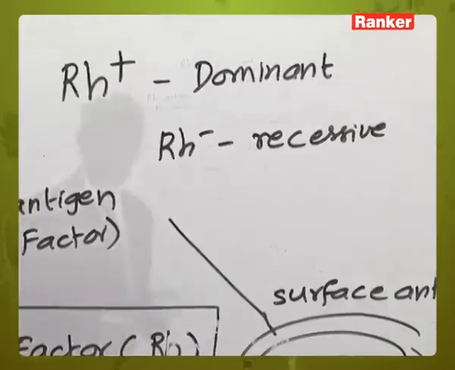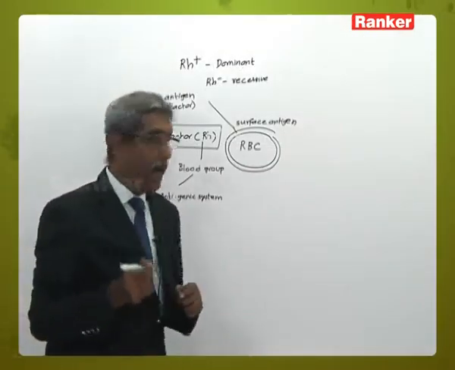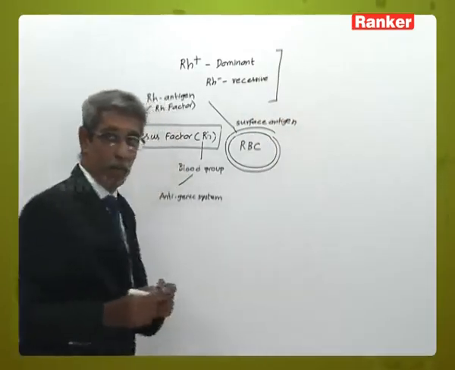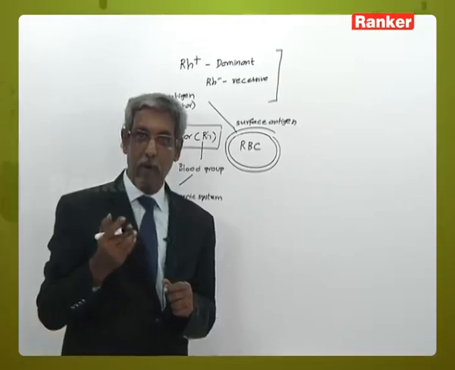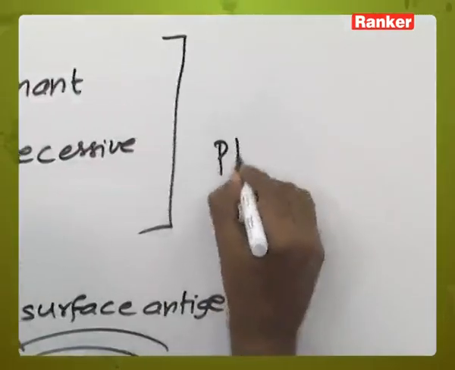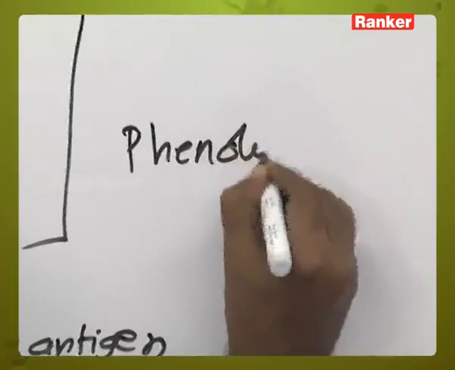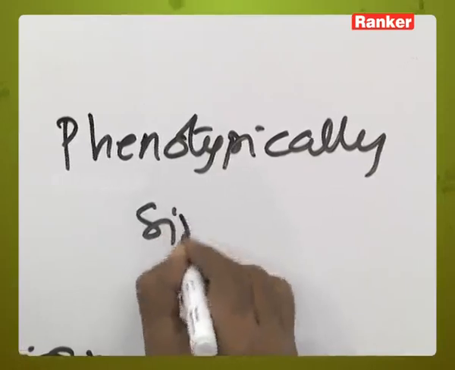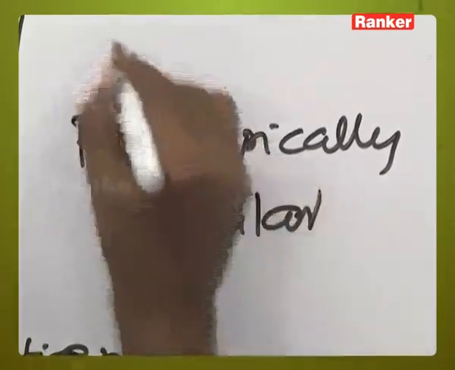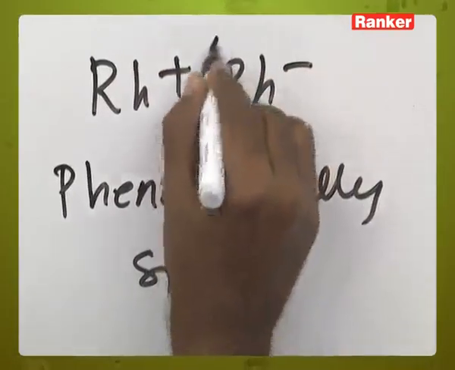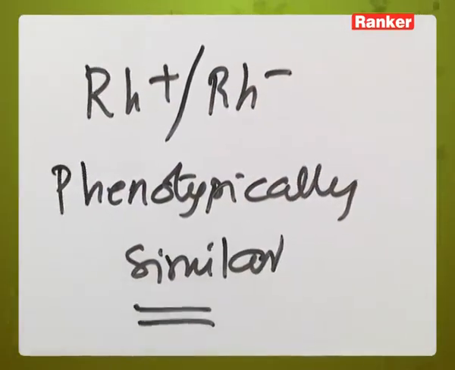In any individual, a man or a woman, whether Rh positive or negative, phenotypically they are just similar. So phenotypically there is no variation. Individuals with Rh positive or Rh negative are phenotypically similar.